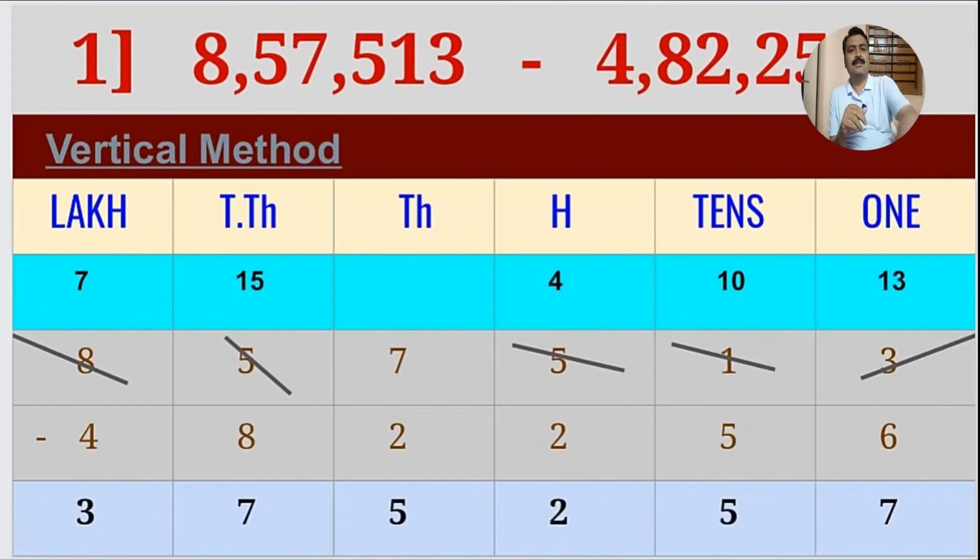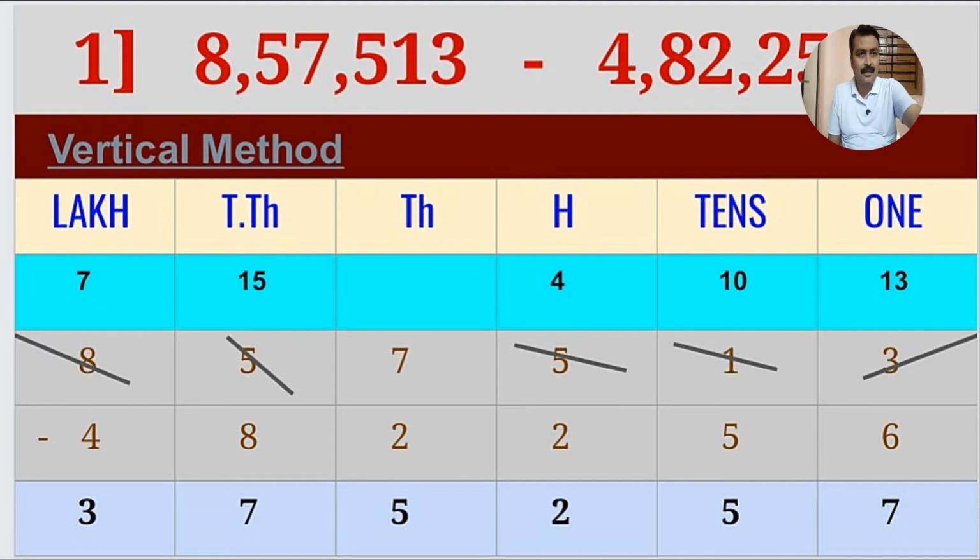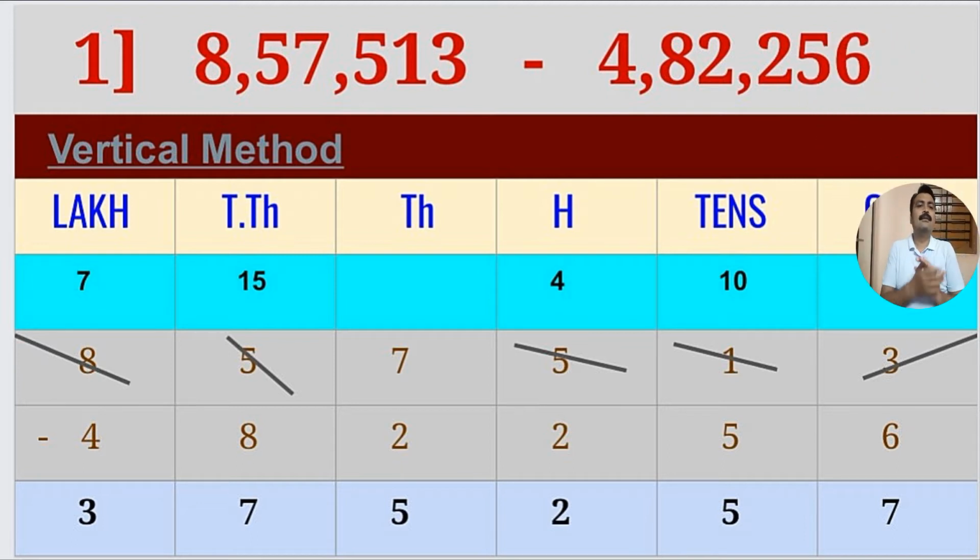So the first example for this problem set, I am keeping in front of you. Now let's observe this example. First I want to read the given example. This is the subtraction between two given numbers.